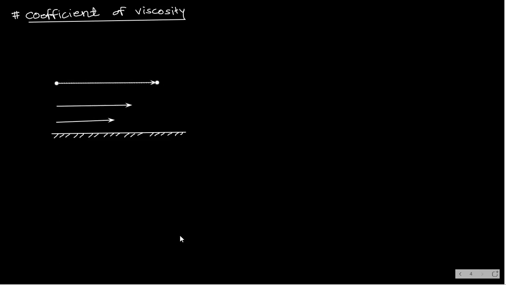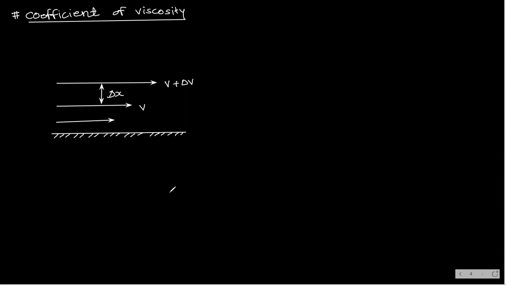Suppose the distance between these two layers is delta x, and this velocity, if this is v, then this one will be v plus delta v. So as you are going up and up, the velocity of the liquid will be more.